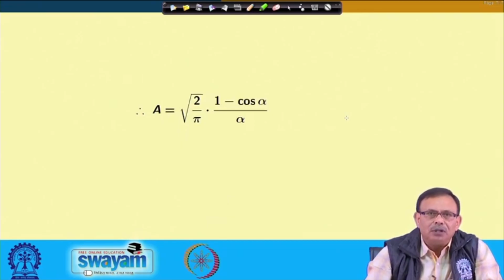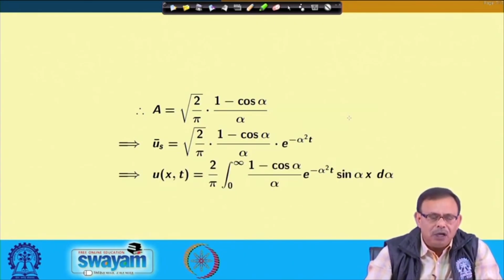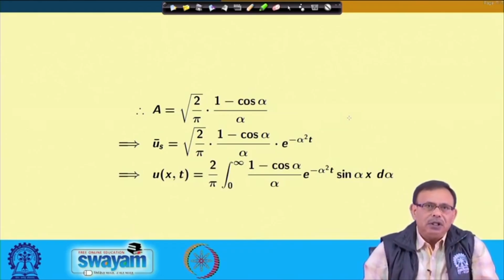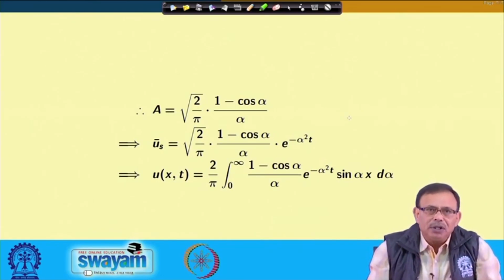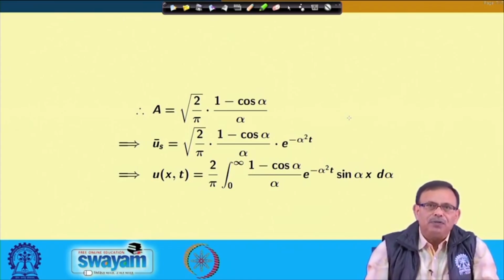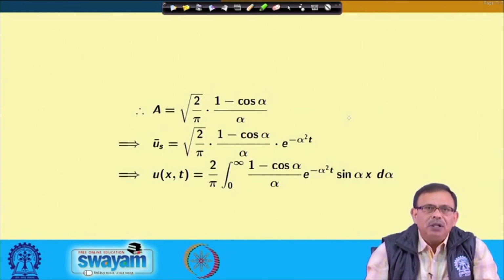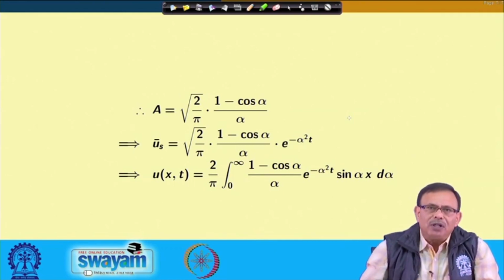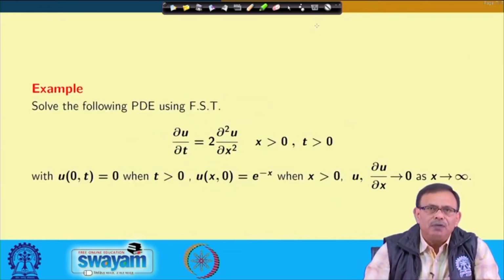Therefore, I can write down a equals this, and from here I am obtaining u bar s as a function of alpha and t, and if I evaluate now I will obtain u x t, that is u x t equals this quantity, 2 by pi, integral 0 to infinity, 1 minus cos alpha by alpha into e power minus alpha square t into sin alpha x d alpha, and if I evaluate the integral I can tell what is the value of u x t. I am leaving it for you, which you can evaluate on your own.